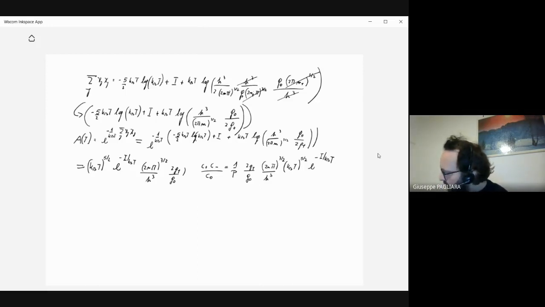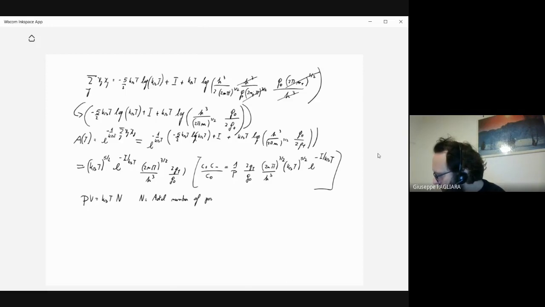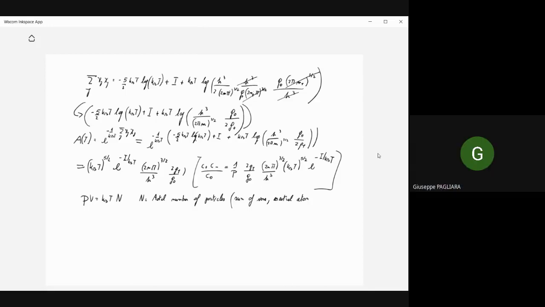Okay. Now let's work out this expression a little bit by introducing P times the volume equal to kBT n, where n is the total number of particles. That means the sum of ions, neutral atoms, and electrons.